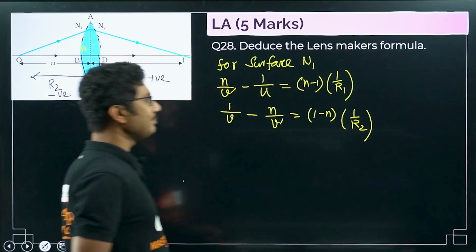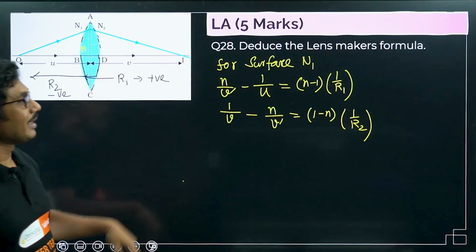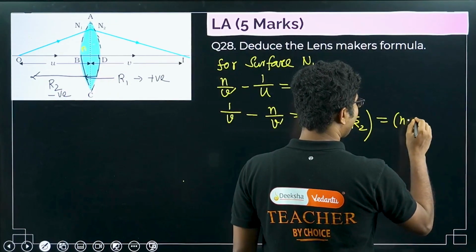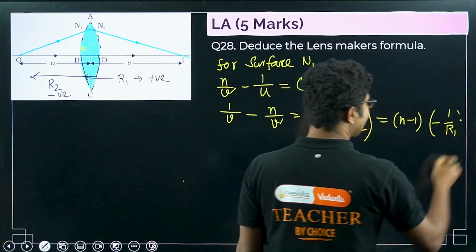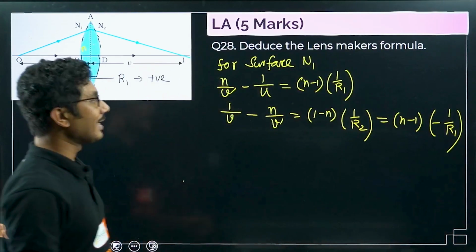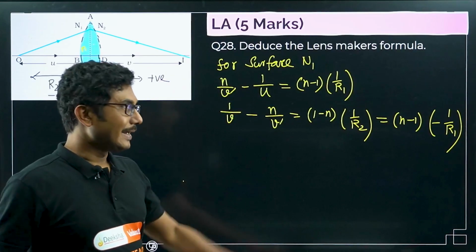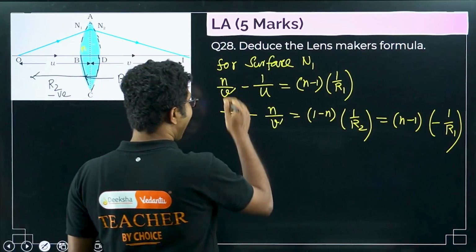Why 1 minus n? Because now light is traveling from denser to rarer medium, so it will be 1 minus n, or you can write this as n minus 1 times minus 1 by R2, so the negative sign is accommodated. Okay, now just add them.